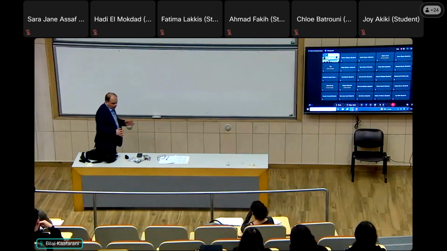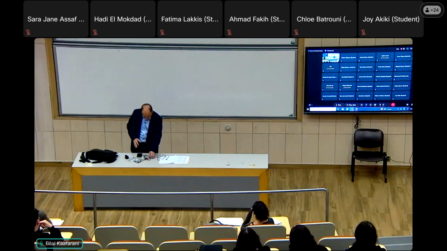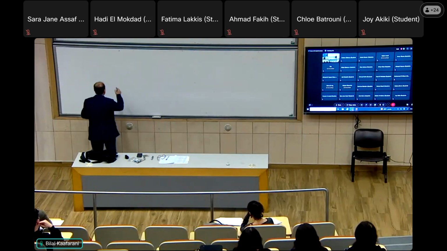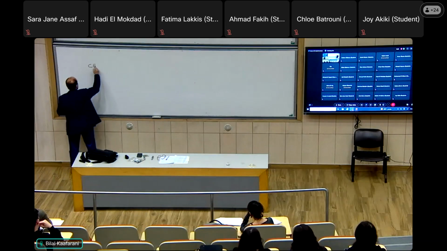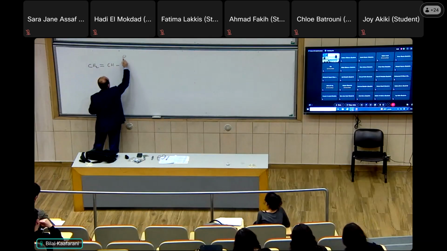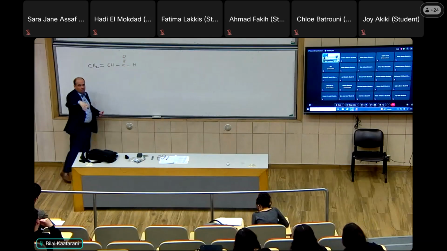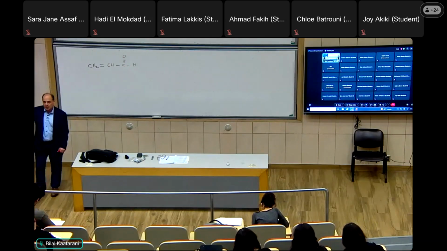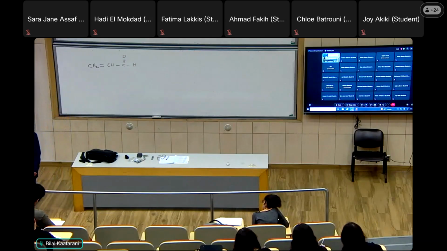So here are the two scenarios. I have right here CH2 double bond CH, C double bond O, H. We're looking at the smallest alpha-beta unsaturated system, and I am reacting it with a nucleophile.